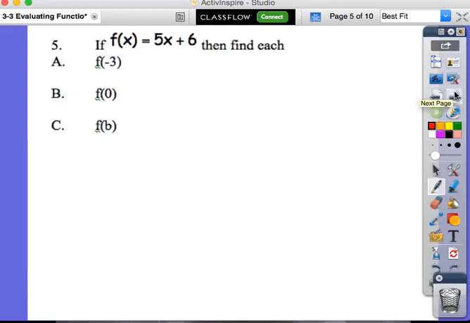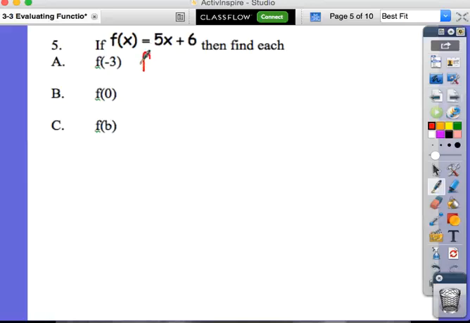If f of x equals 5x plus 6, then find each. All this is function notation. F of x is, for all purposes, just like having y equals 5x plus 6. You're not going to do anything different here. All it's saying is we're going to plug in -3 here.